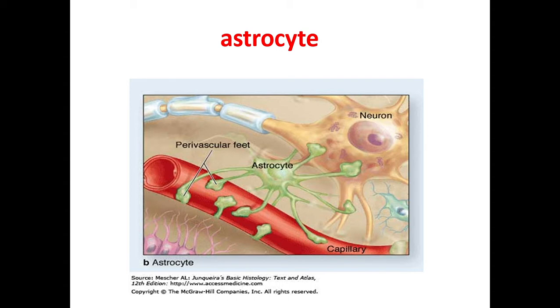Here is another illustration of the astrocyte with its association with the nerve cell and the blood vessel. Again, take note of the expanded structure that is associated with a nerve cell and a blood vessel.